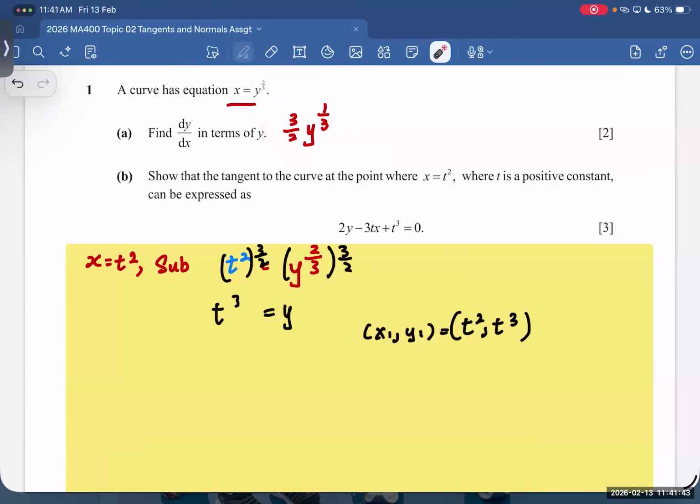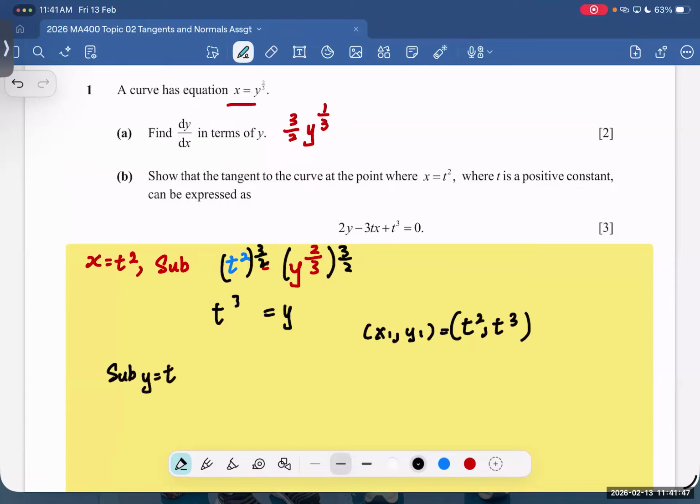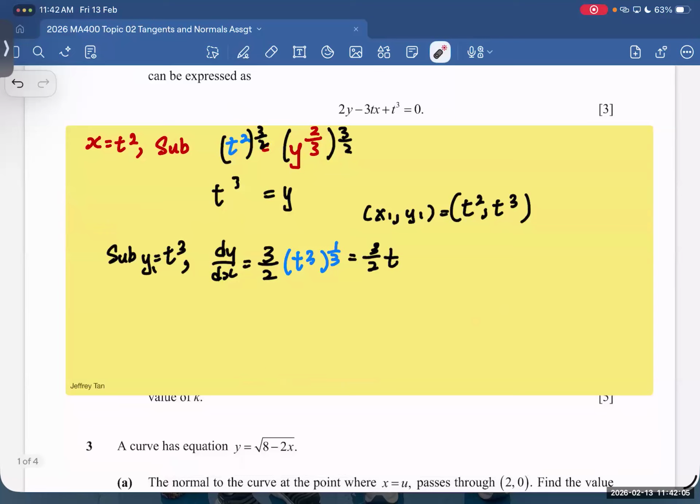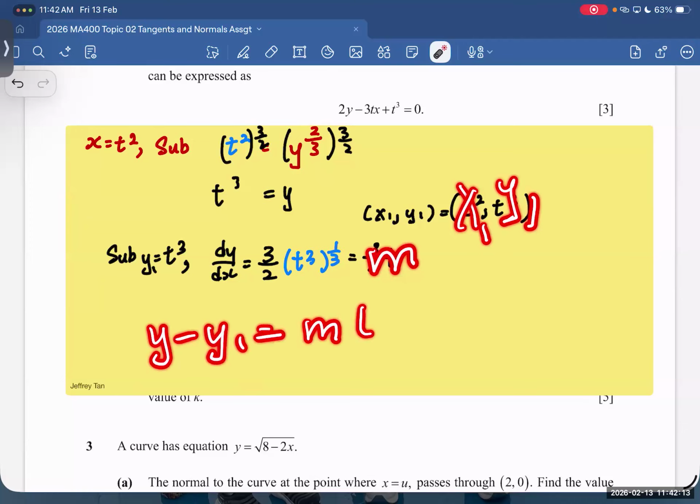So I sub y equals t cubed. My dy/dx is 3/2 times t cubed to the power of 1/3, which will just be 3/2 t. So guys, take a look. I'm highlighting to you: this is my x1, this is my y1, this is my gradient. I'm going to use the equation y minus y1 equals gradient times x minus x1.